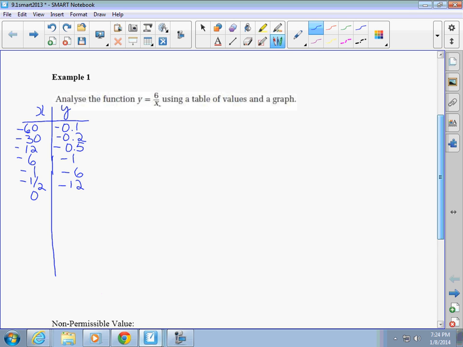0, if I put 6 divided by 0, that of course will give me an error in my calculation, so that's undefined. And what we've noticed so far, whenever we're graphing and we have an undefined, you have an asymptote. So this is going to give us a vertical asymptote.